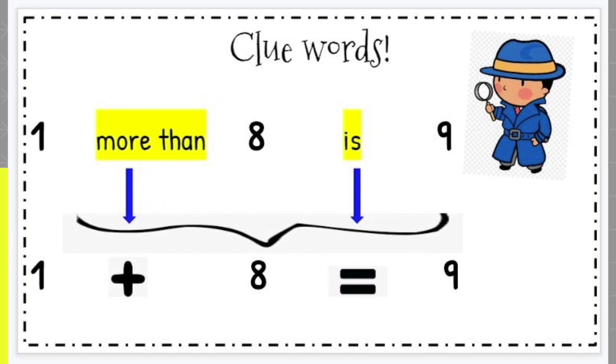We have 1, still 1, more than. Those are clue words for if you bring it down, that's the same thing as that addition symbol. 1 more than 8 is, and is just a clue word for equals. 1 more than 8 is 9, or 1 plus 8 equals 9.